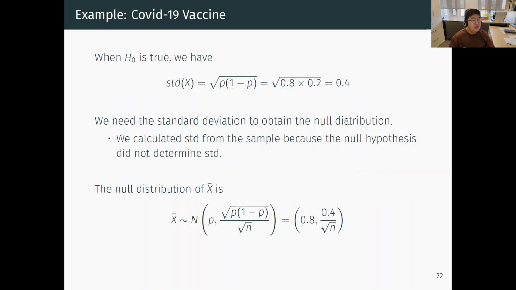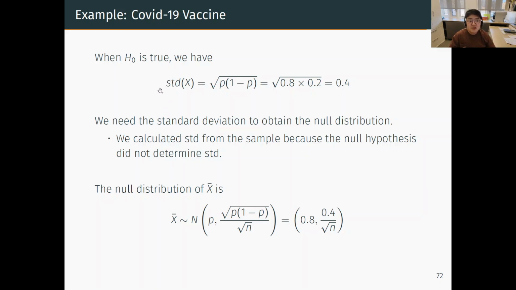Then one more thing. Our hypothesis testing assumes the null hypothesis until it is rejected. So we calculate everything based on the assumption that your hypothesis is correct. So in this example, we assume that P, the probability of antibodies, is 80%. We have to maintain that assumption until it is rejected.